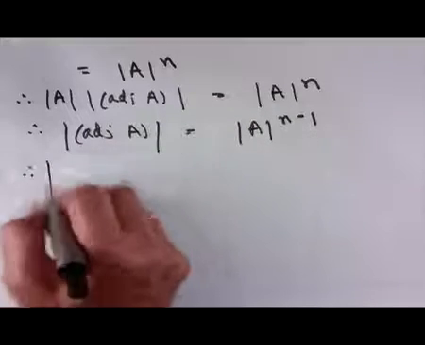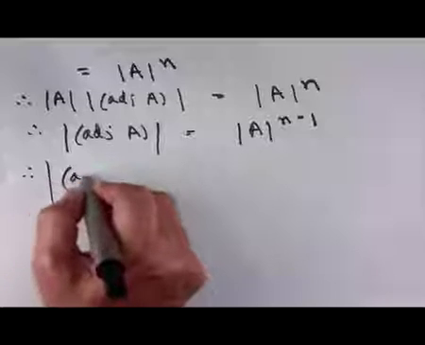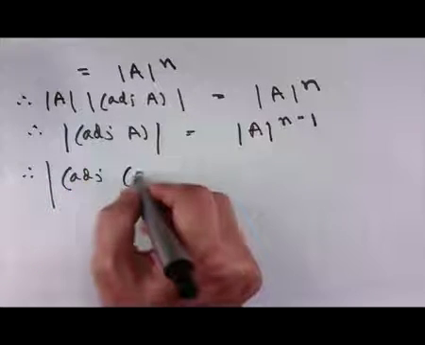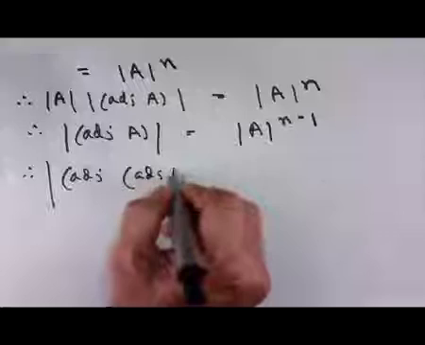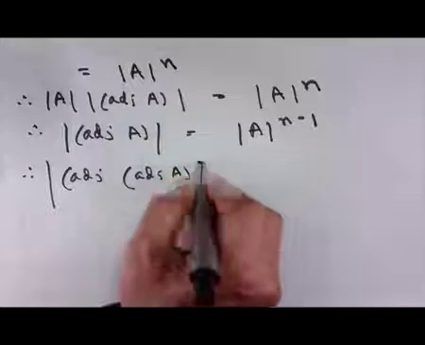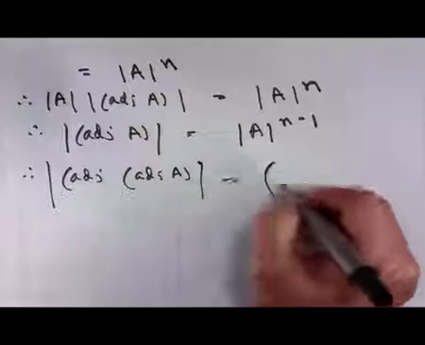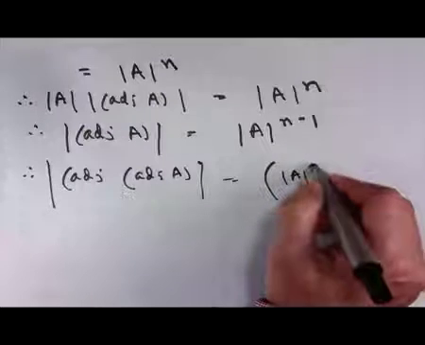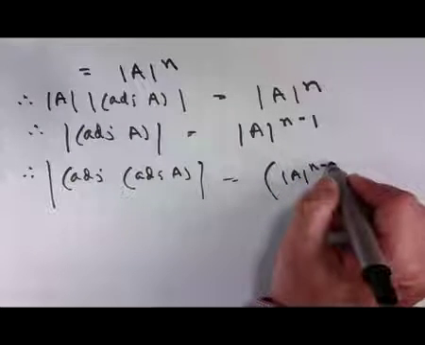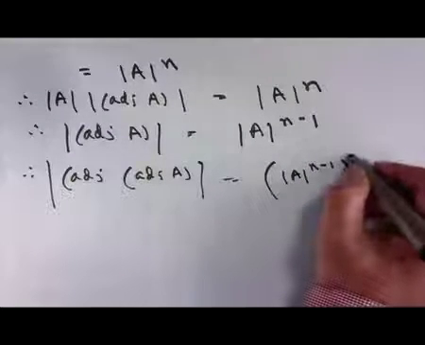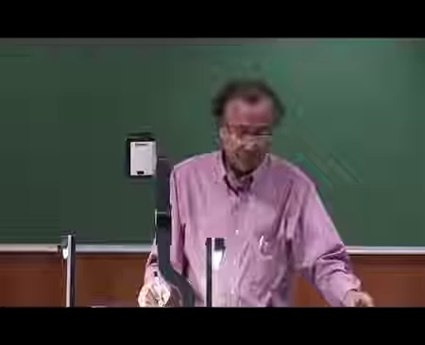Therefore, determinant of adjoint of A is equal to determinant of A to the power n minus 1, whole to the power n minus 1.